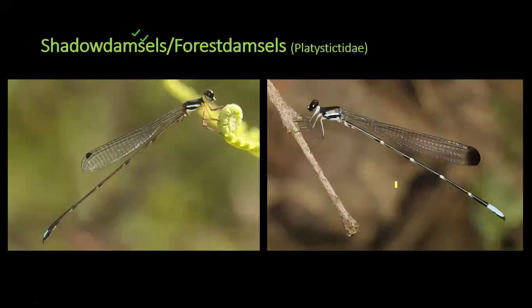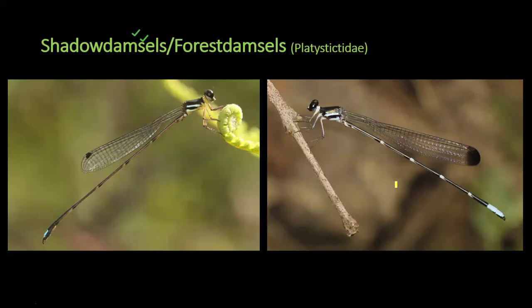The actual character to differentiate them is in their wing pattern, wing shape. But in a general sense, if you see a dark black or dark brown, not very colorful damselfly with a blue abdomen tip, it could be a Platystictidae species.